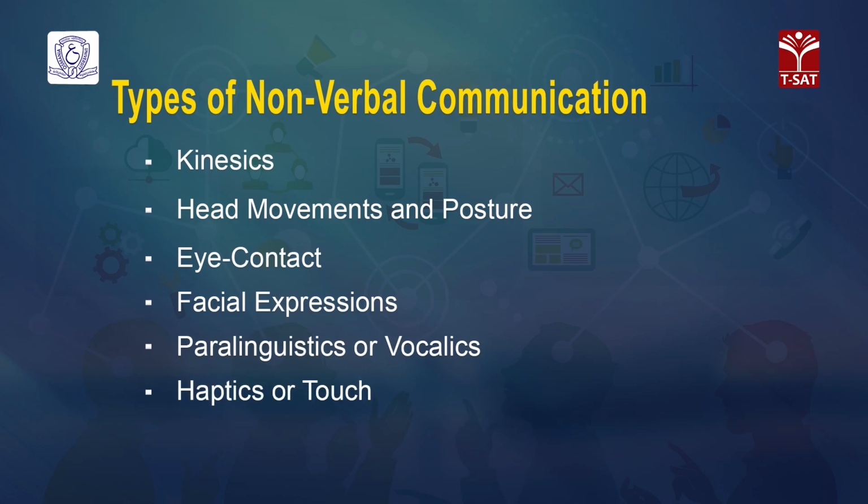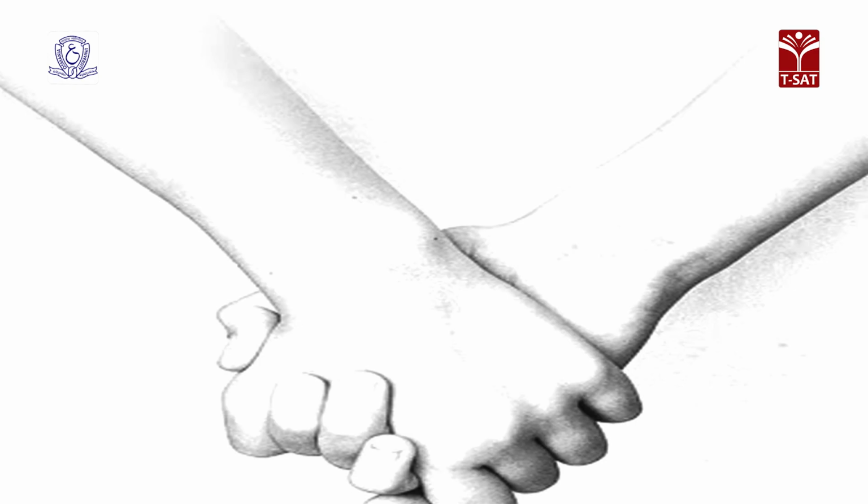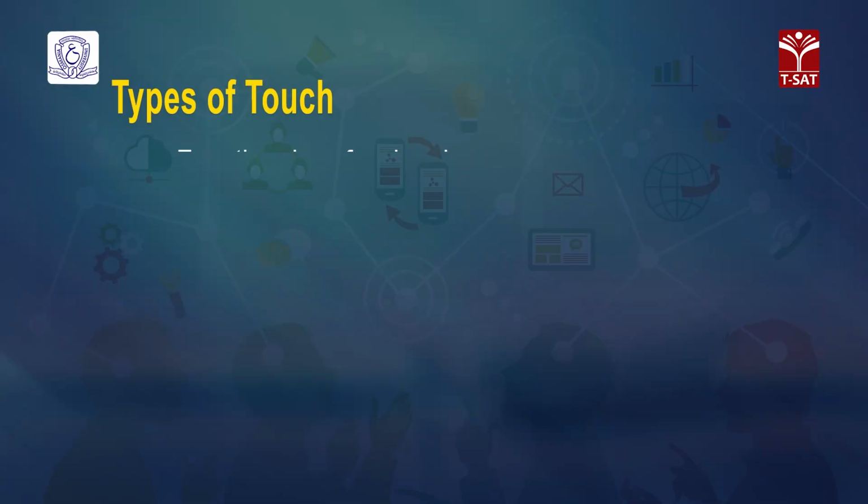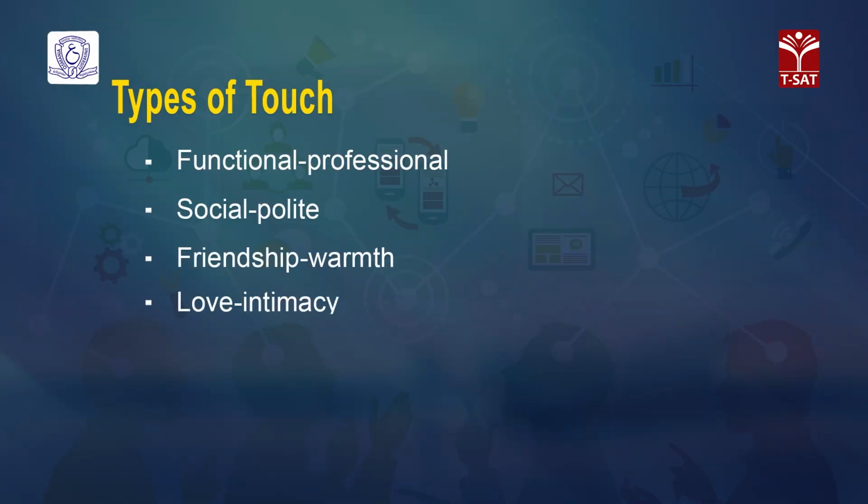Haptics, or touch. Haptics refers to understanding the role of touch in communication. According to Heslin and Appler, there are several types of touch, including functional-professional, social-polite, friendship-warmth, love-intimacy, and sexual-arousal touch.